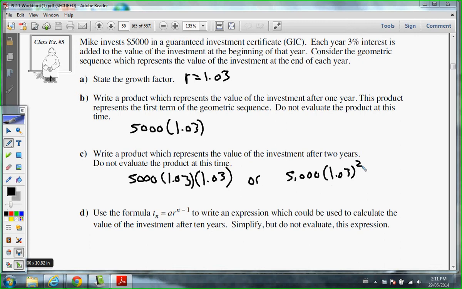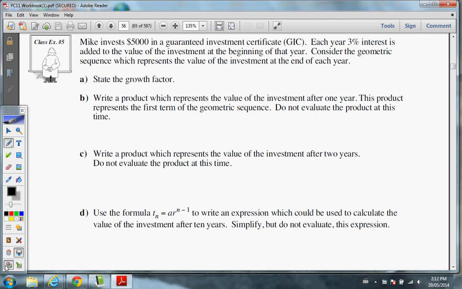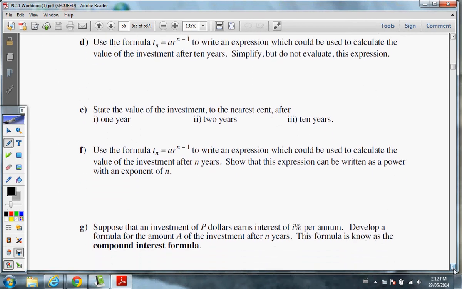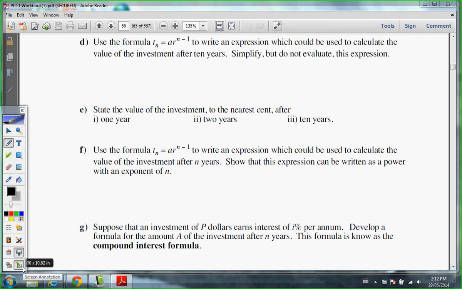Okay, it says use the formula T sub n equals a times r to the n minus 1, write an expression which could be used to calculate the value of the investment after 10 years. Simplify, but do not evaluate this expression. So we're looking at 10. We know that A is our T sub 1, which is 5,000 times 1.03.